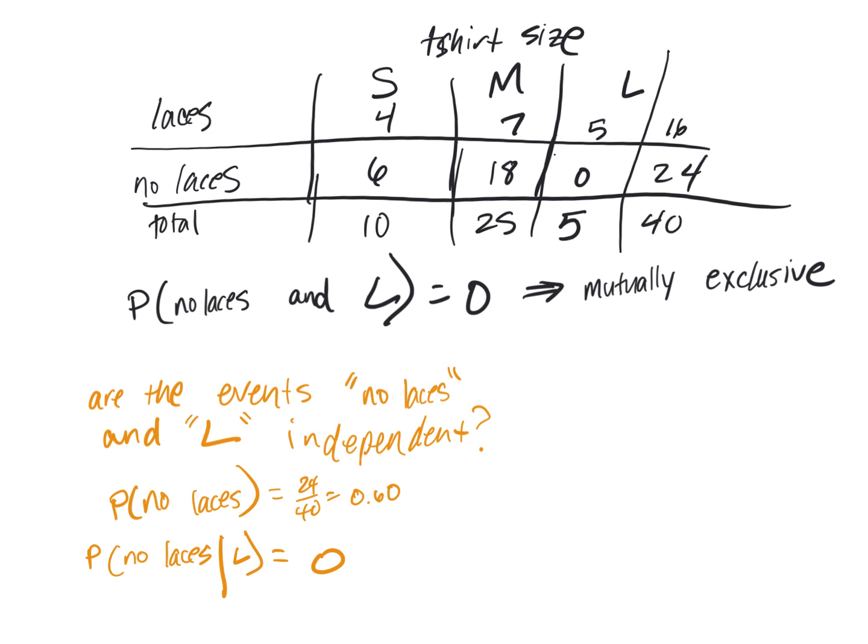Now, if two events are mutually exclusive, that means one event occurring precludes the other one from occurring. The definition of independent is that one event occurring does not change the probability of the other event occurring. Are you with me that one event occurring rules out the other completely?